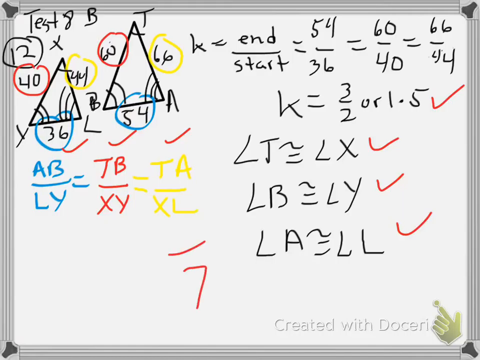Pretty easy problem that was matched up. And you just get your scale factor right. Some people had the scale factor 2/3, and that would be acceptable, except I told you where the start and the end were.